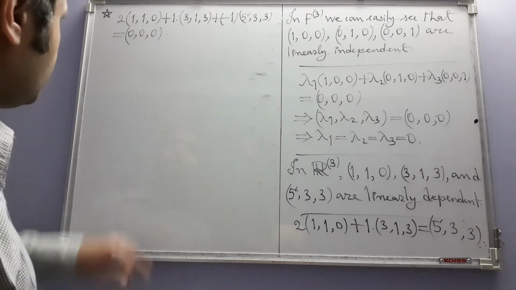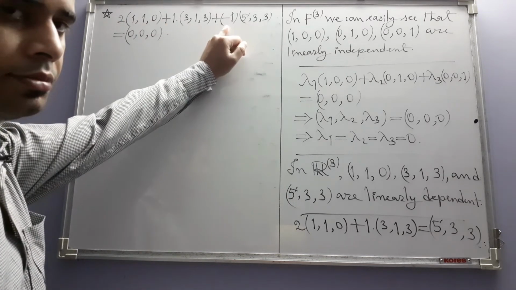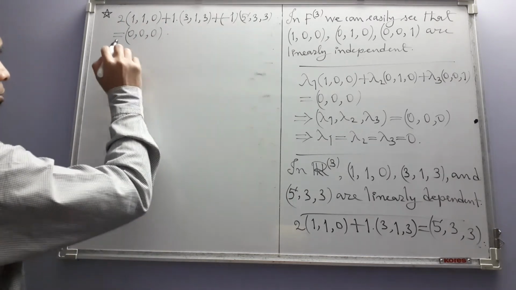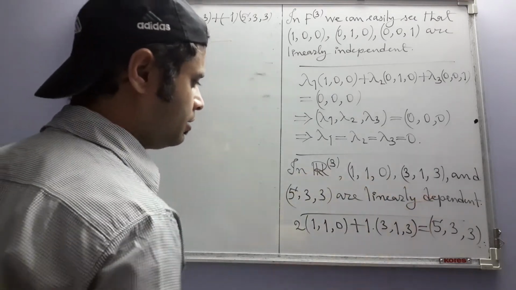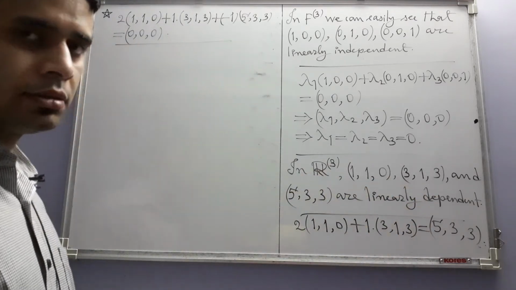And here in fact all the scalars are non-zero. So that's why these vectors are linearly dependent.